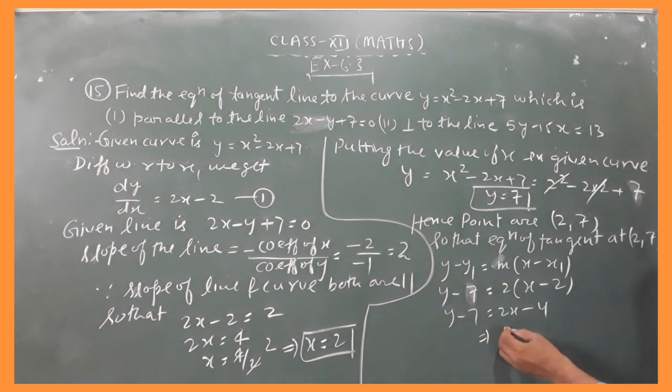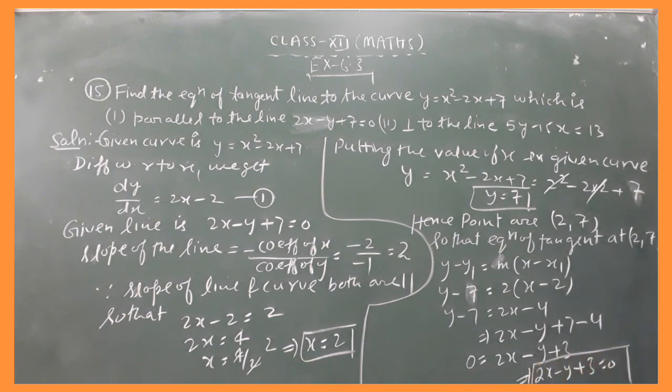It means what? 2x minus y plus 7 minus 4, it means 2x minus y plus 3 is equal to 0, which is the required tangent.